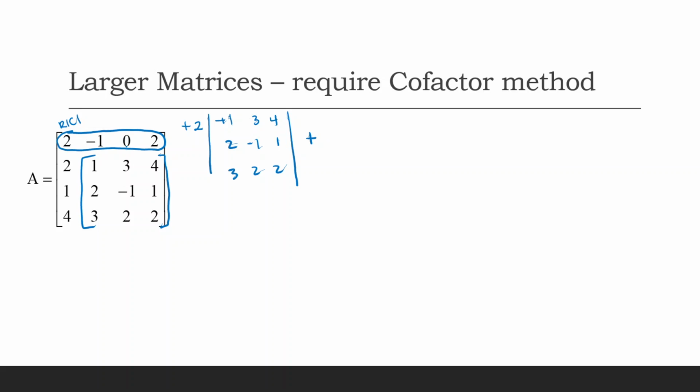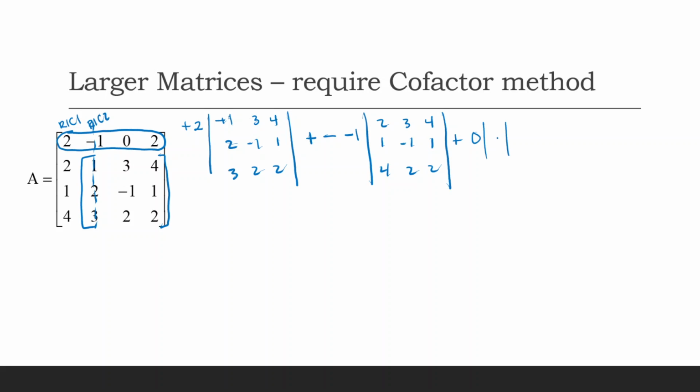Okay, then we're going to take the -1, and we're going to do its minor. So that'll be 2, 3, 4, 1, -1, 1, and 4, 2, 2. And that's row 1, column 2, so that one's going to be minus. And then I'll add the next one is 0.